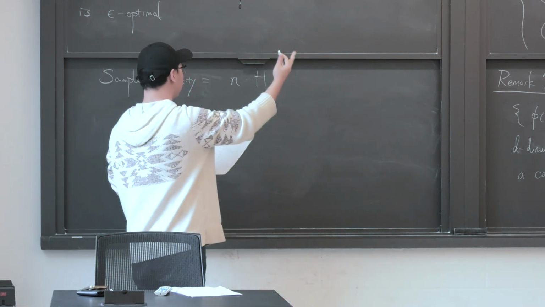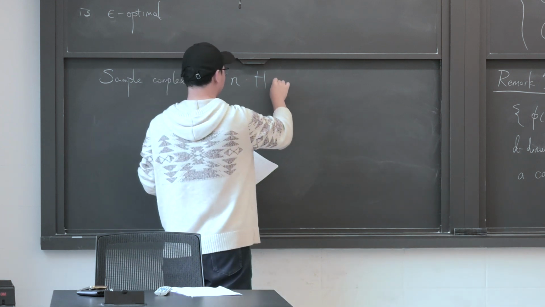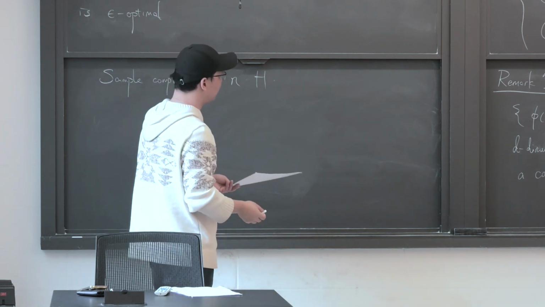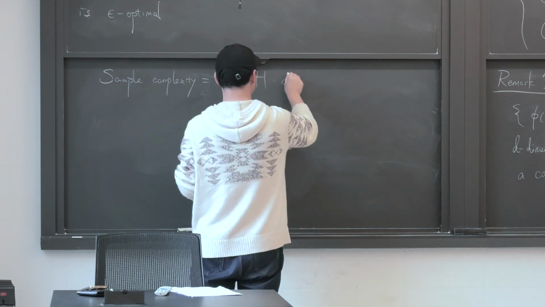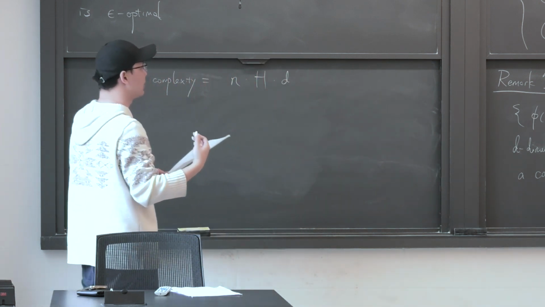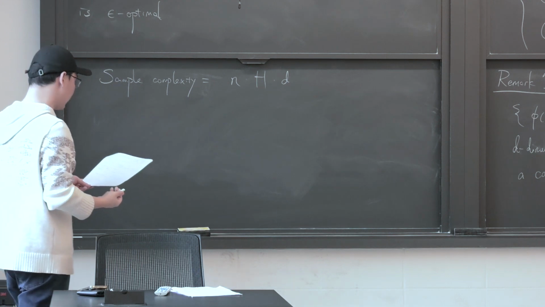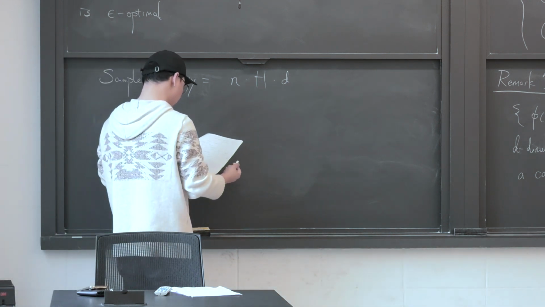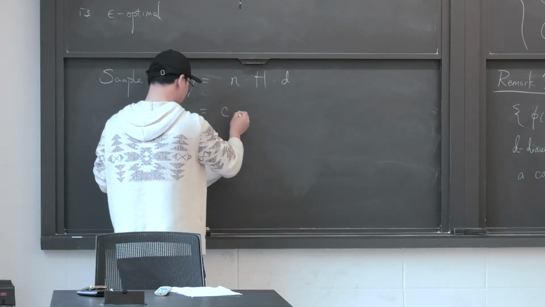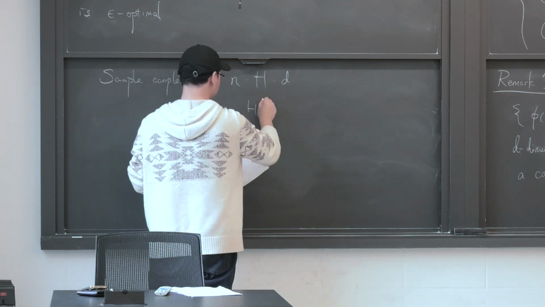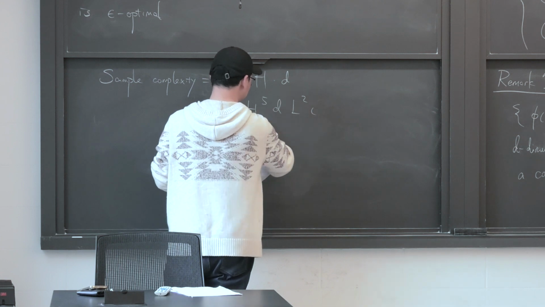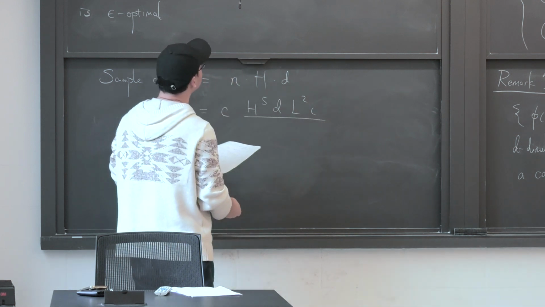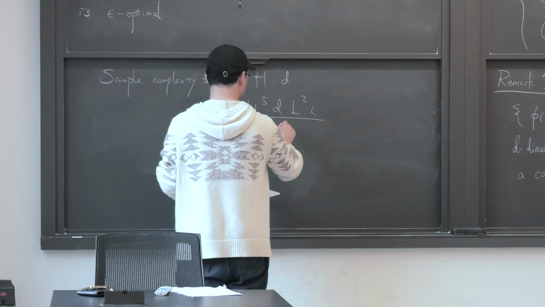This is for a single step. Then we need to multiply by the number of state action pairs within a core set. In this case, we will always make it d, since the core set always has d state action pairs. So this is the total sample complexity, and it is equal to some constant times H to the fifth d L squared iota over epsilon squared.